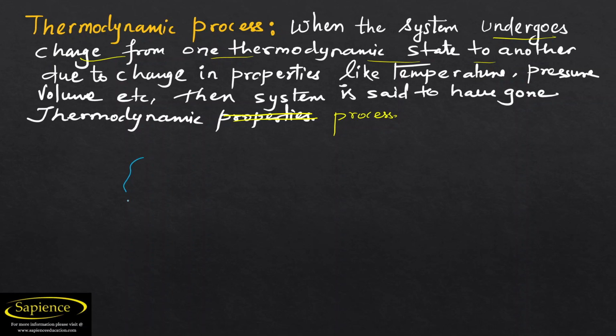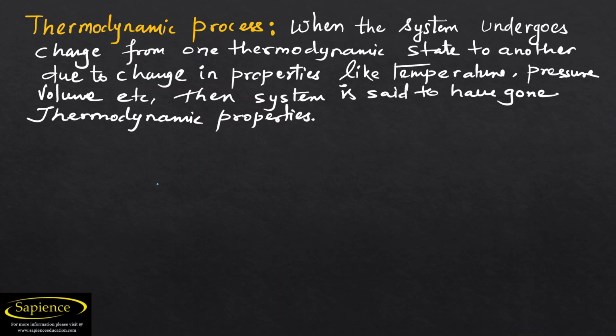Let us consider this is a system 1 and it has a state of pressure P1, volume V1 and temperature T1. I will give you an actual example.